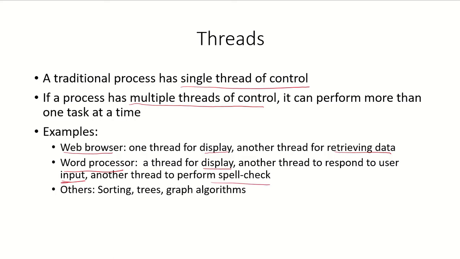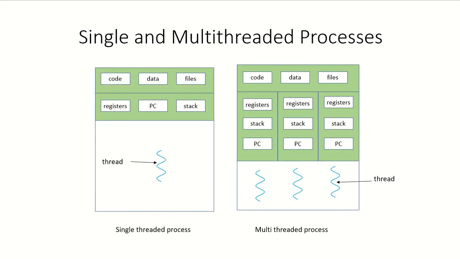Threads can also be used for sorting algorithms, trees and graph algorithms as well. So use of multiple threads will break down the task and that job can be completed in a quick manner.